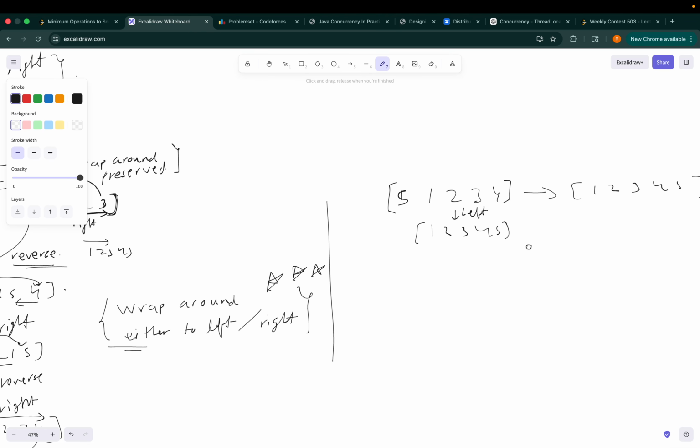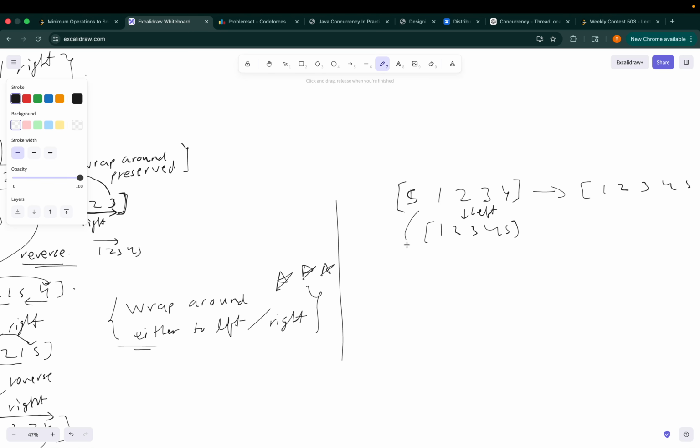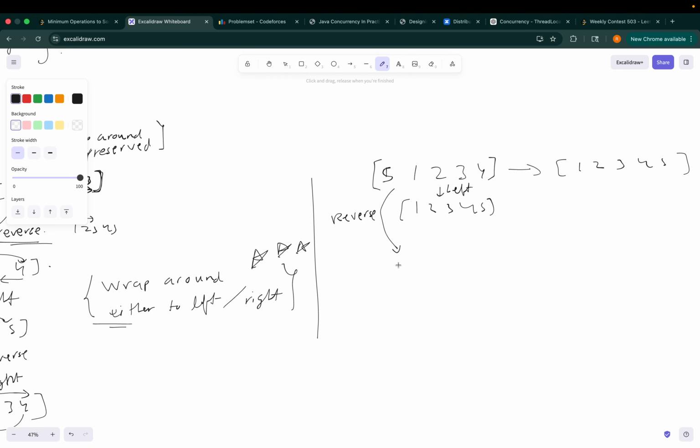Or what you can do is reverse the array. Reversing will give you 4 3 2 1 5. By reversing you flip the wraparound characteristic.